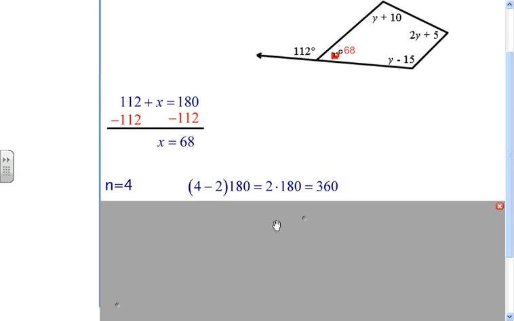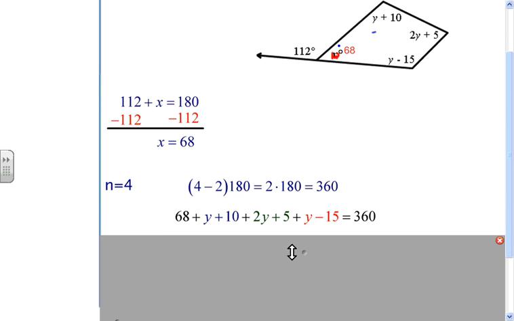So that's my equation. So let's set it up. 68 from here plus y plus 10 from here plus 2y plus 5 from here plus y minus 15, that last angle, all 4 of those together must add to 360. So the next thing I need to do is combine like terms.